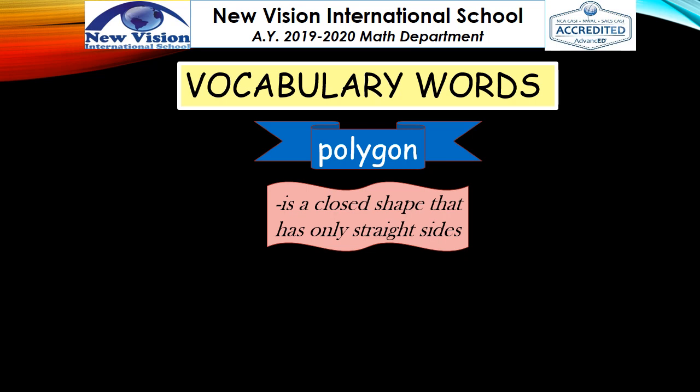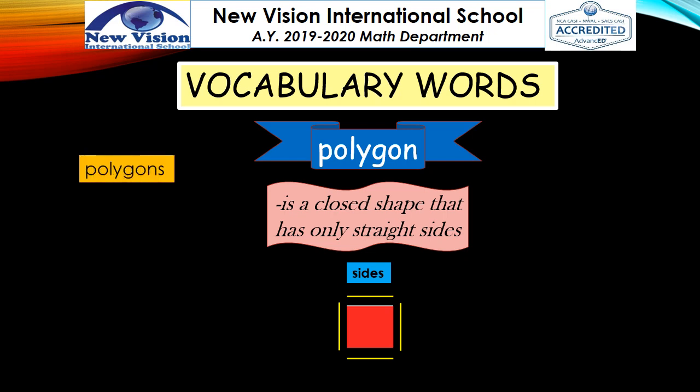It's not open, okay? Now, what are sides? See, for example, this shape. What shape is this? It's a square, okay? So what are sides? The sides are this, this, this, and this. So how many sides does this shape have? It has 4 sides. Very good.